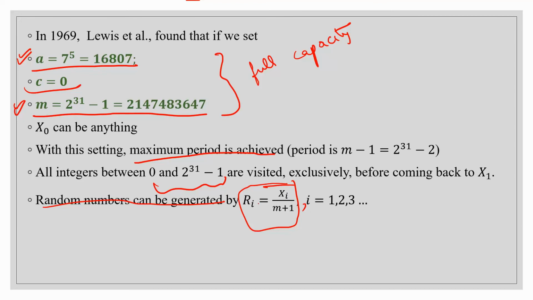If you do m plus 1, it becomes 2 to the power 31, and dividing by a binary number is simpler for the computer than dividing by this number. It's up to you how you want to generate the random numbers between 0 and 1, but to make it simple for computers, you can divide by m plus 1.